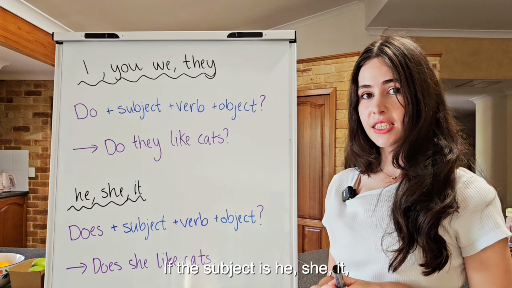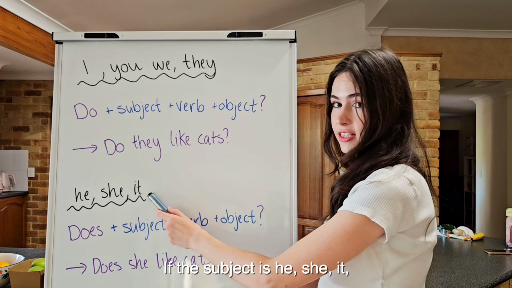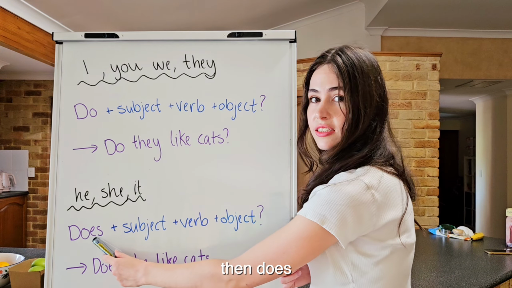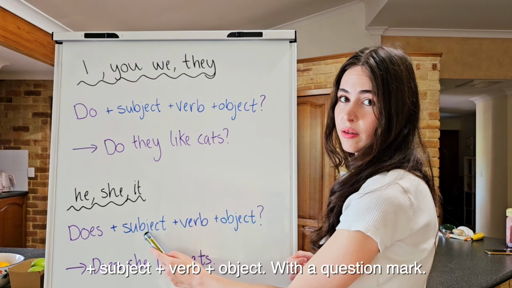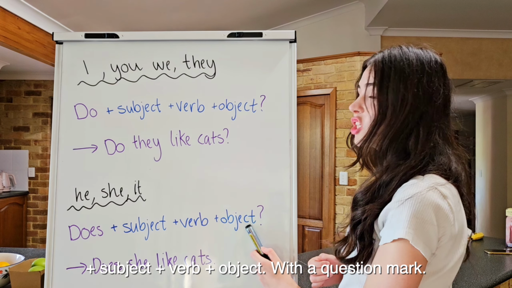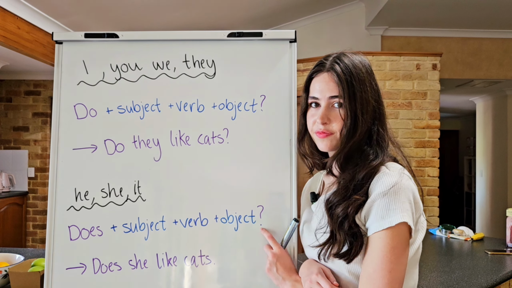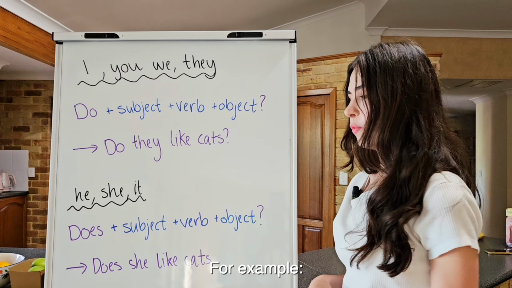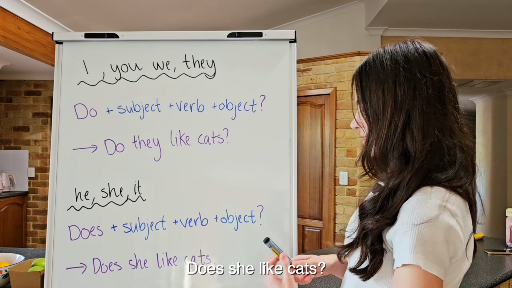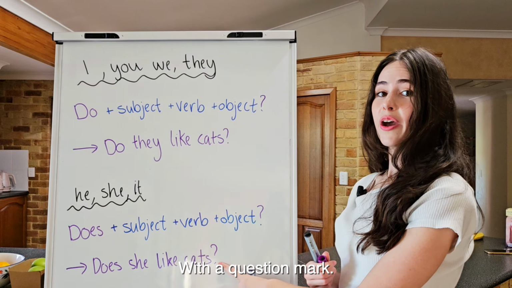If the subject is he, she, it, then does plus subject plus verb plus object with a question mark. For example, does she like cats? With a question mark.